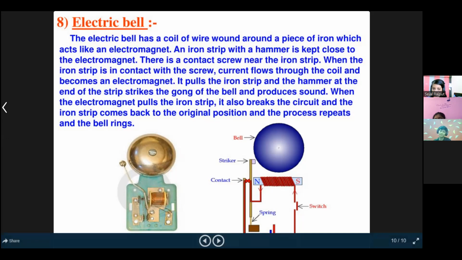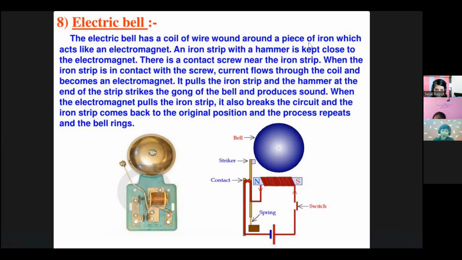Only then the sound of the bell is produced. When we switch it off, again it comes to its original position and stops behaving like a magnet. So this is the function of the electric bell. And the electric bell is based on the principle of magnetic effect of electric current.